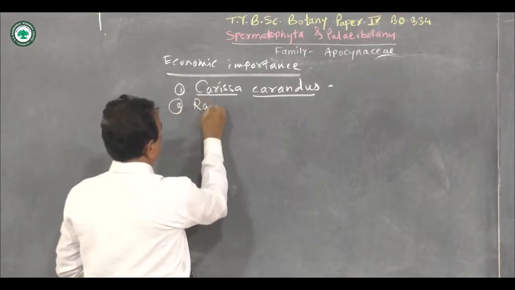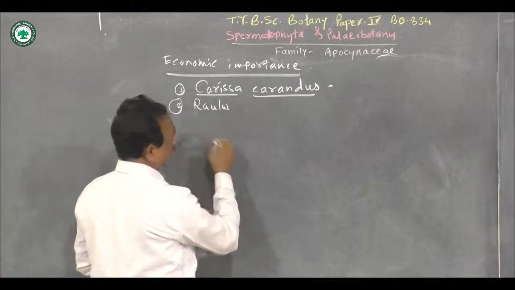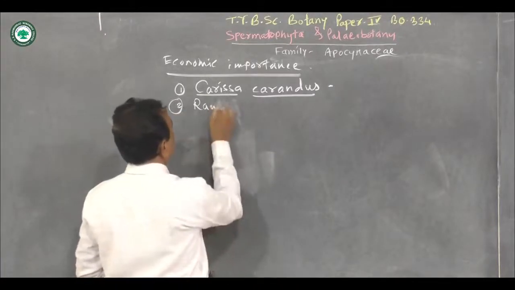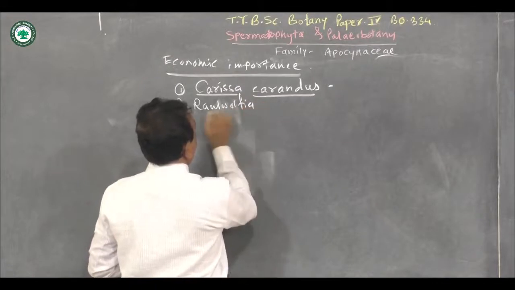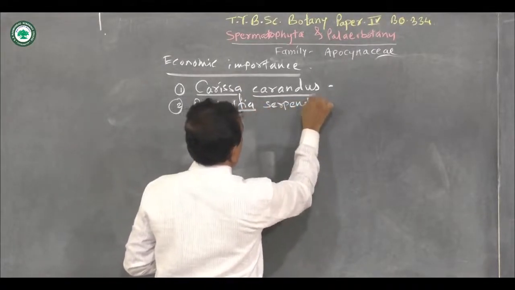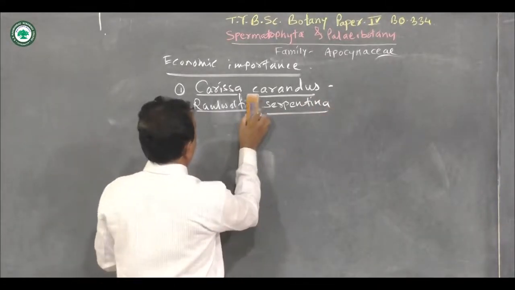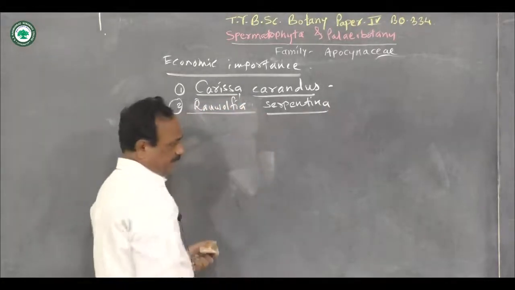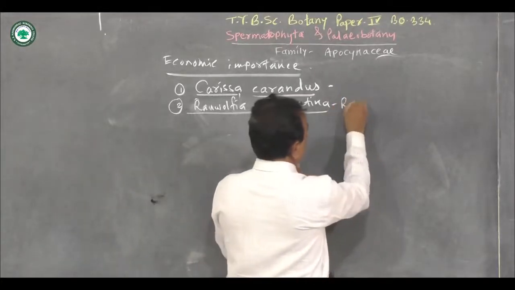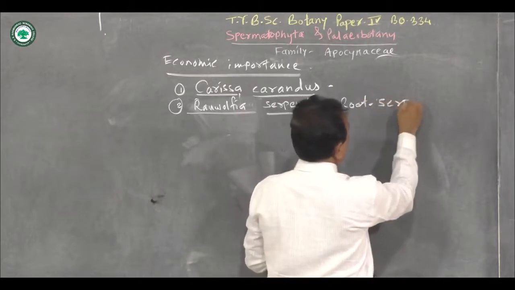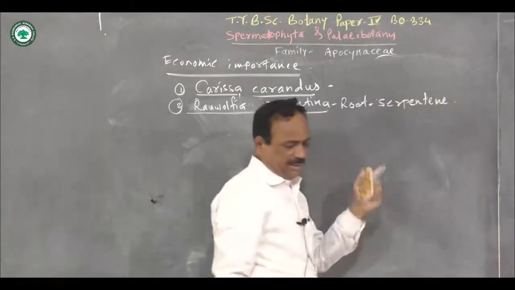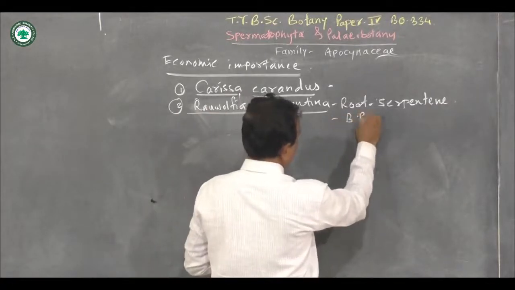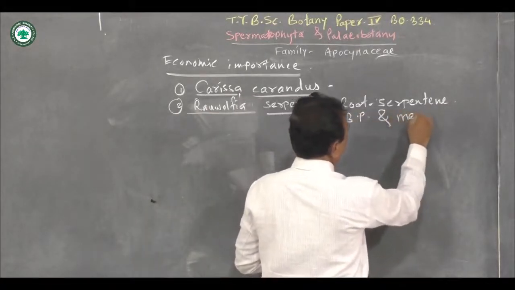Then next is the Rauwolfia serpentina. From the roots of this plant, the alkaloid serpentine is extracted, and this medicine is very important for blood pressure, and it is also used for mental disorders.